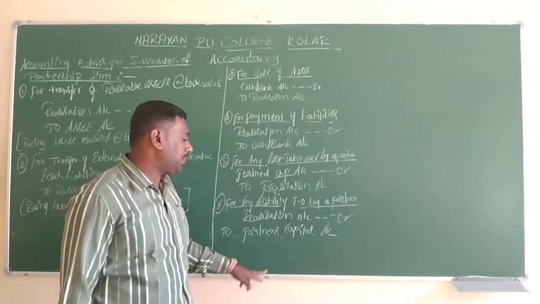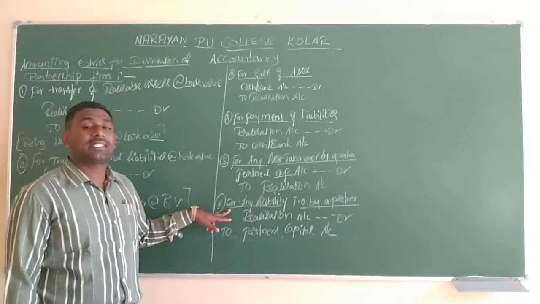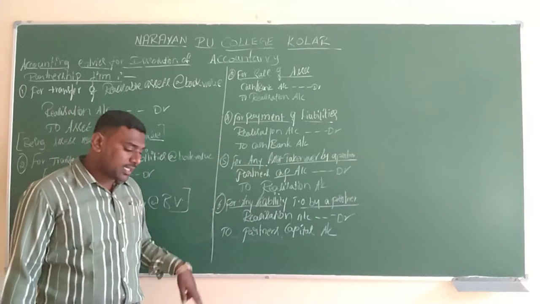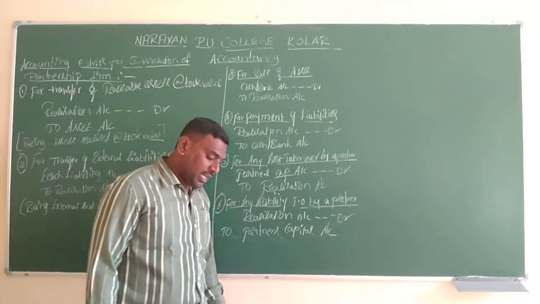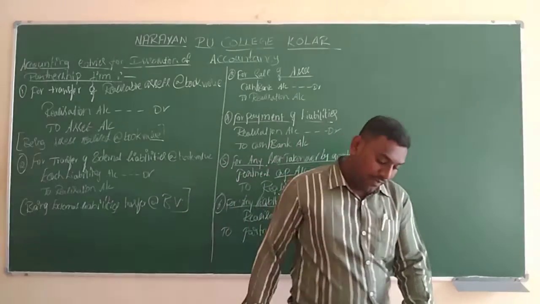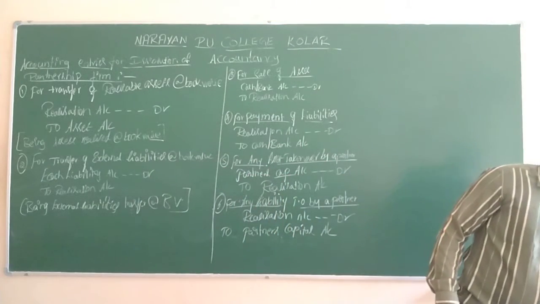So step number 6 will be implemented, the 6th journal entry. Let's come to one more journal entry, for step number 7: payment of realization expenses.